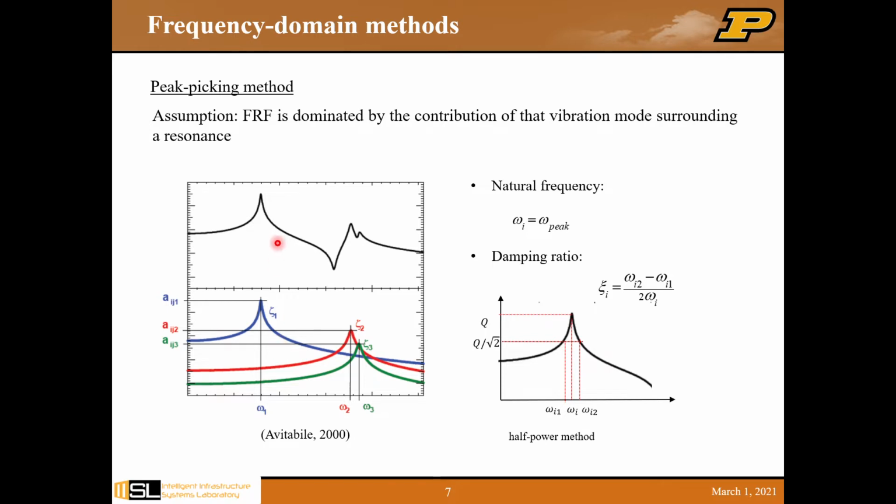So this is exactly showing how we decompose that and obtain the 3 single degree freedom FRF plots. Okay, omega 1, omega 2, and omega 3, which exactly represents the first, second, and third natural frequency. And also we can use half power methods to extract the damping ratio here.